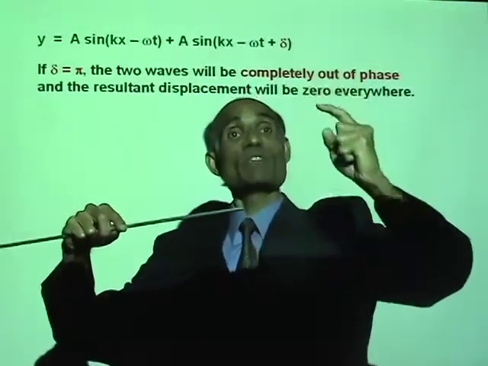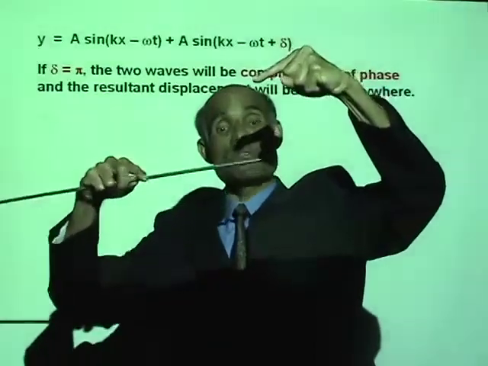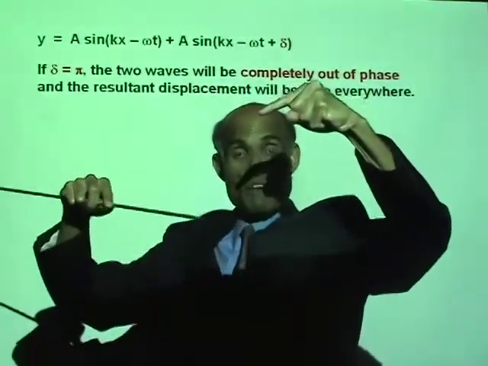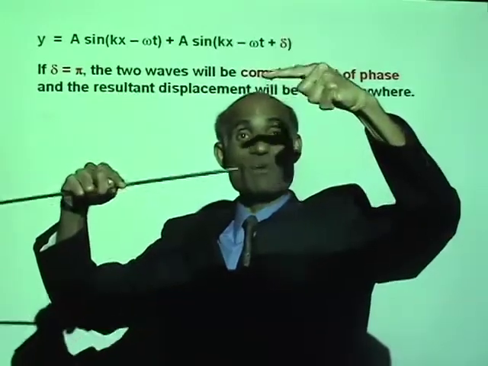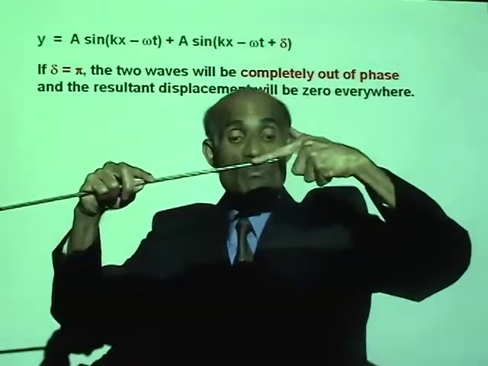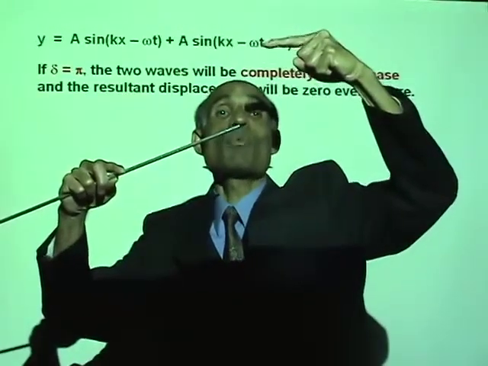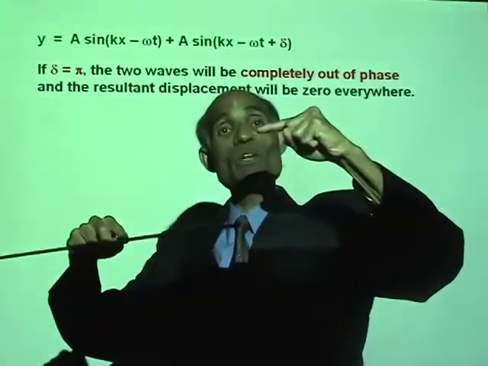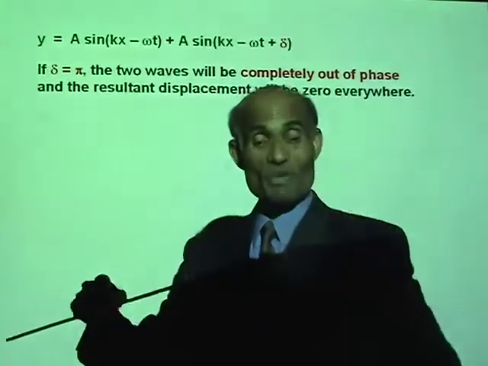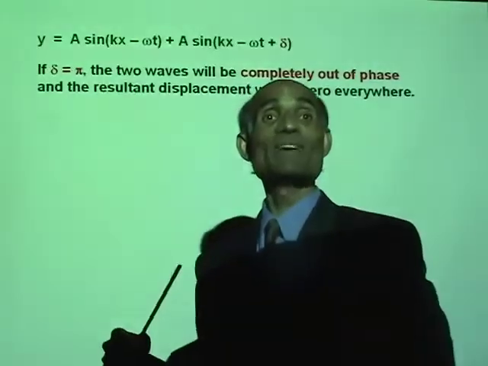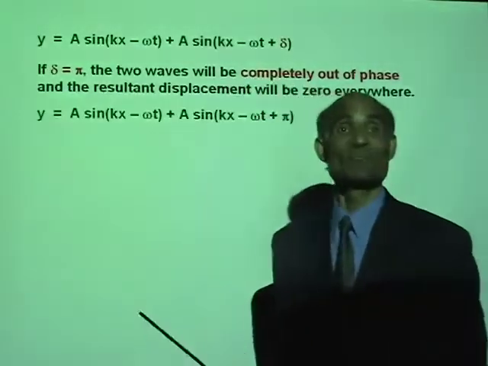You see, the crest of one wave falls on the trough of the other wave. What will happen? The particle will not move anywhere. It will not be on the crest of one wave, nor will it be on the trough of the other. It will simply remain in the equilibrium position.